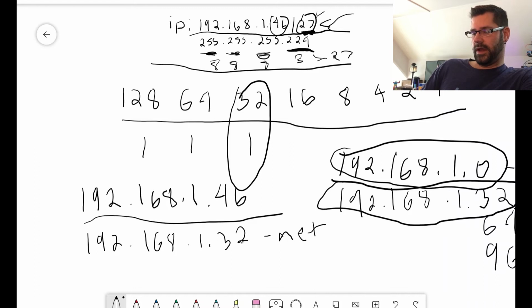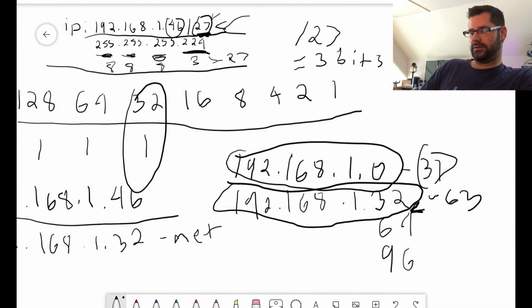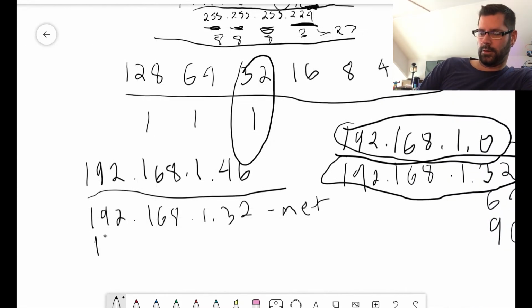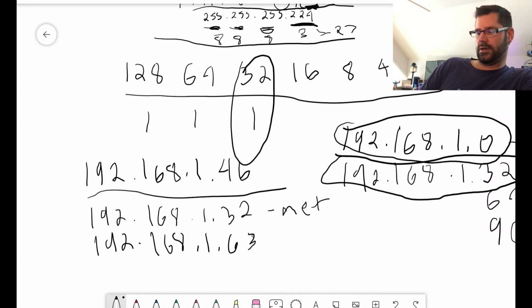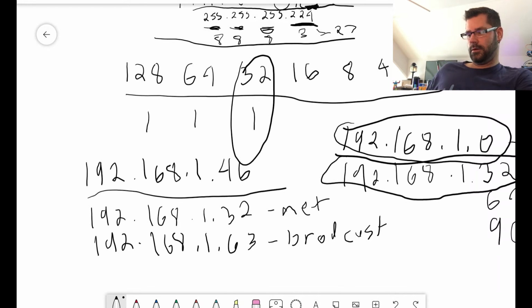So this would actually be the network ID, and the broadcast would be .63, so 192.168.1.63 would be the broadcast, and the range would be everything in between. So the usable IPs would be 33 through 62.